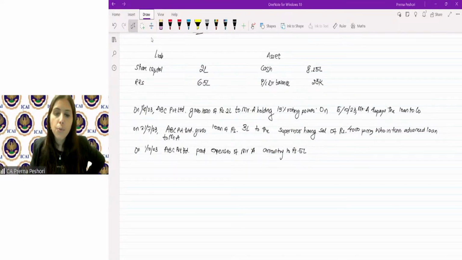Whether repayment of loan will have any impact? Yes, students, fast. First scenario, whether it will be taxable.